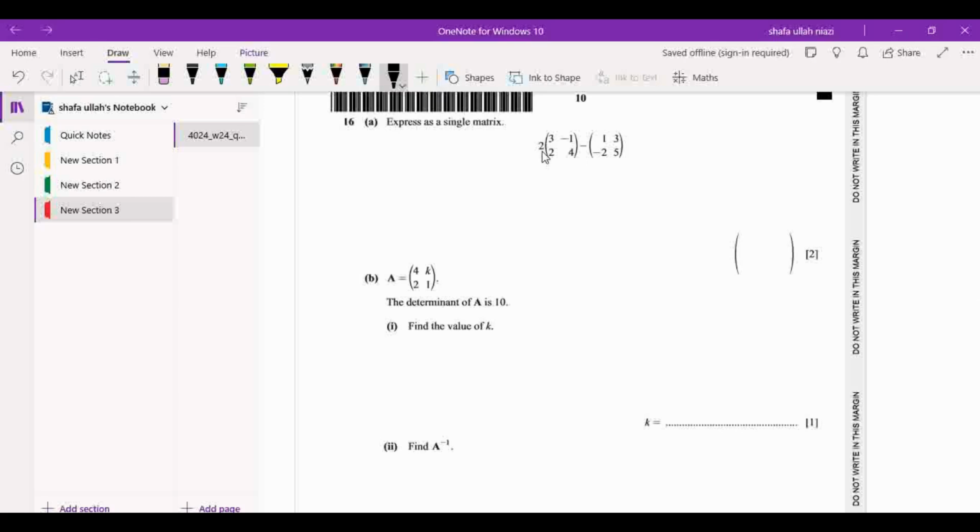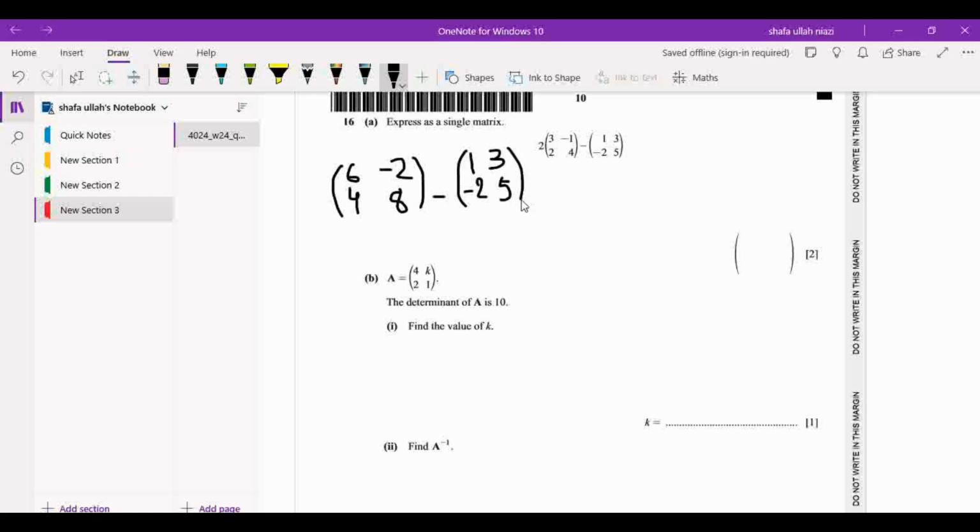First we have to multiply 2 with this matrix, so every entry will be multiplied by 2. 2 3s are 6, and 2 1s are 2, so it will be -2, 2 2s are 4, so it is 4, 2 4s are 8, minus, this is a 1, this is a 3, this is a minus 2, and this is 5.